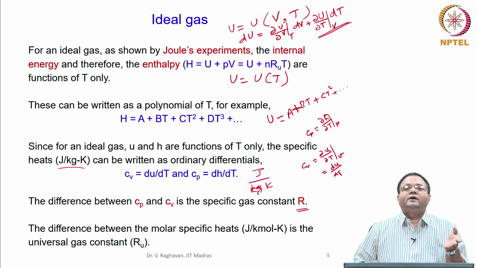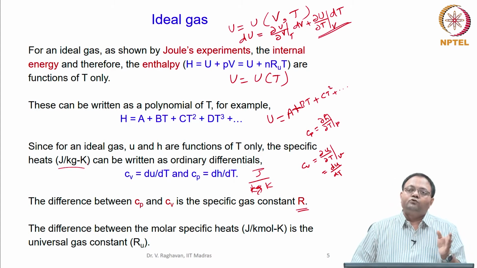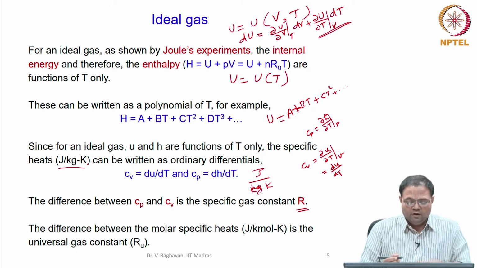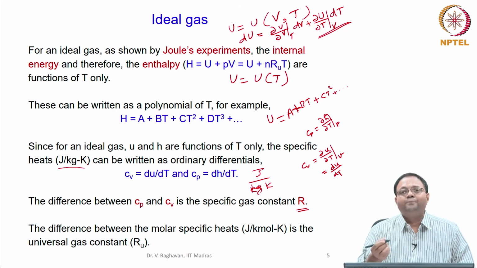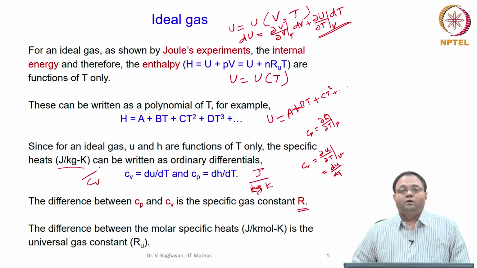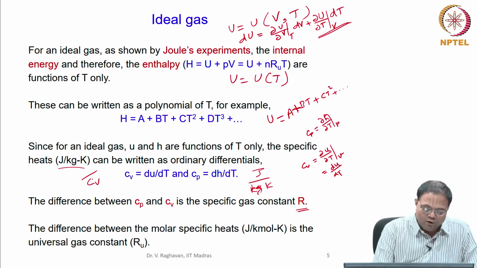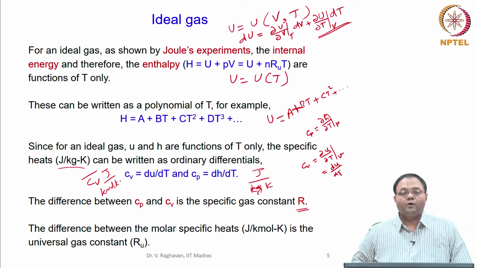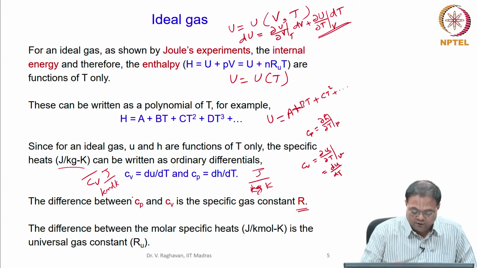We can also write in terms of moles, like joule per kilomole Kelvin; just multiply by the molecular mass. Whenever we use molar quantities, we use an overhead bar. So, when I say Cv overhead bar, that means its unit is joule per kilomole Kelvin. That is the way you write.